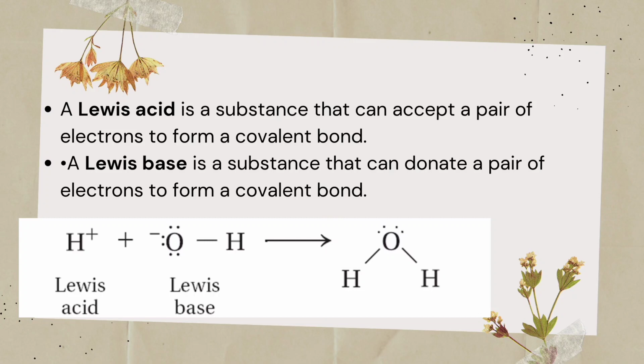A Lewis acid is a substance that can accept a pair of electrons to form a covalent bond. And a Lewis base is a substance that can donate a pair of electrons to form a covalent bond.